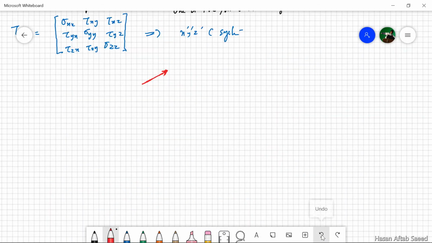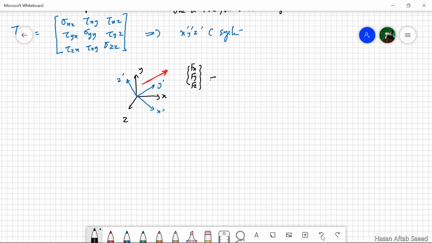An analogy would be a vector which, once we express it in any orthogonal coordinate system x, y, z in terms of its 3 components, we can easily express it in terms of any other orthogonal coordinate system x dash, y dash, z dash by a simple algebraic manipulation.